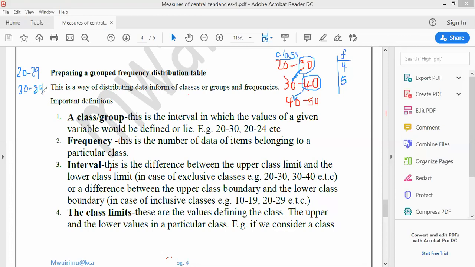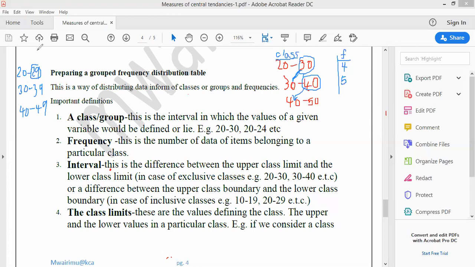The next class I say maybe 40 to 49. And I continuously do that until I'm able to exhaust the data. You can see now the value of 29 here has not been repeated in the next class.